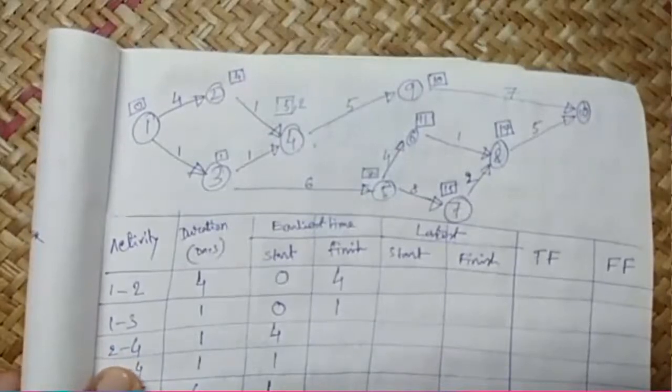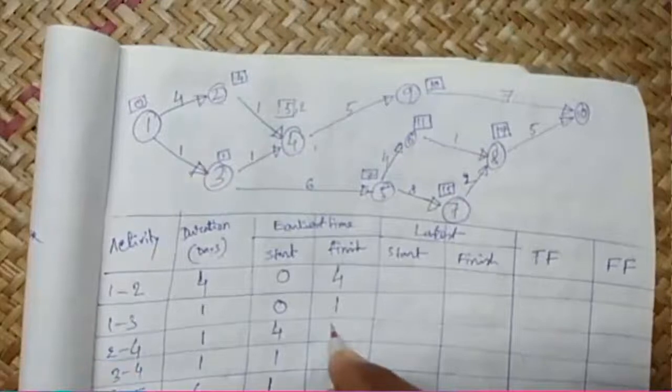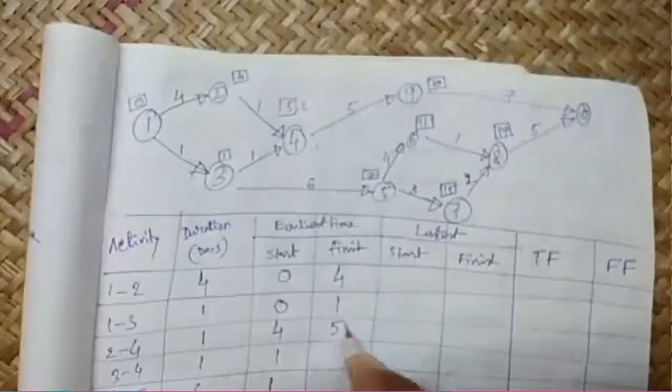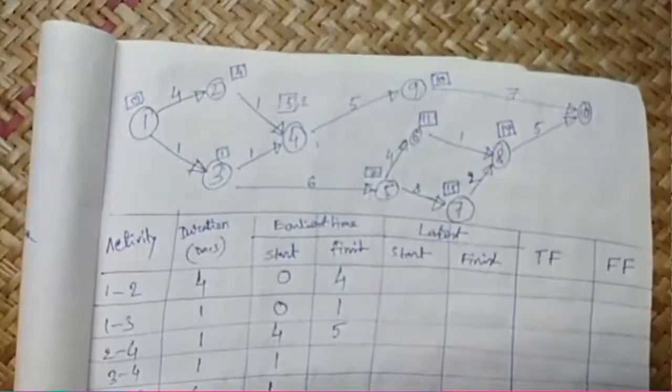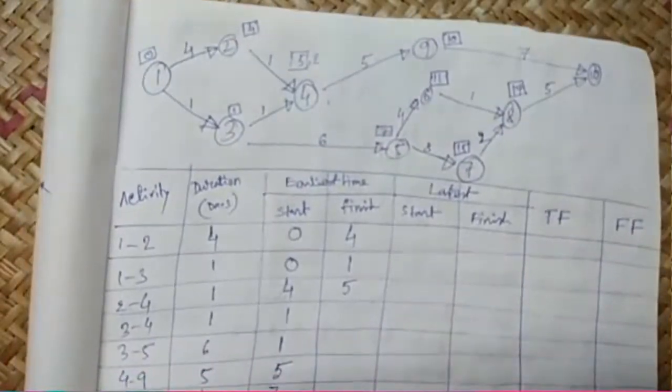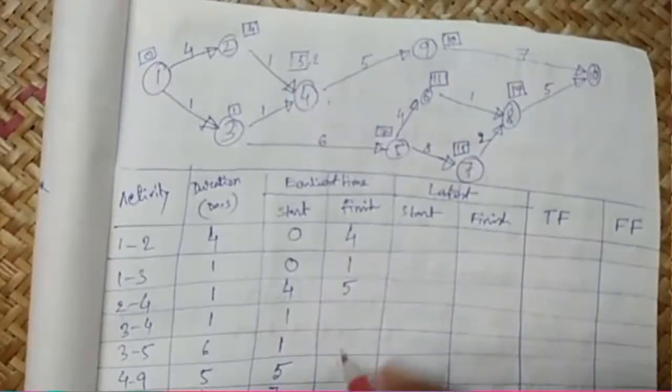Similarly 2 4 will be completed on 5 days. This is the earliest. This can be delayed, but this is the earliest. Now 3 4 will be finished at 2 days.